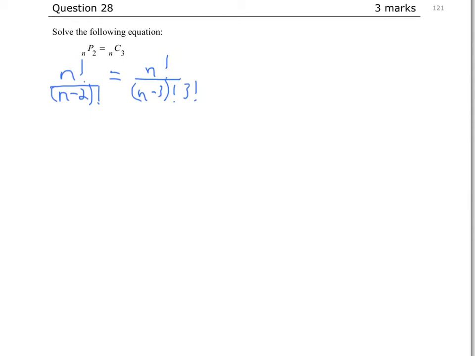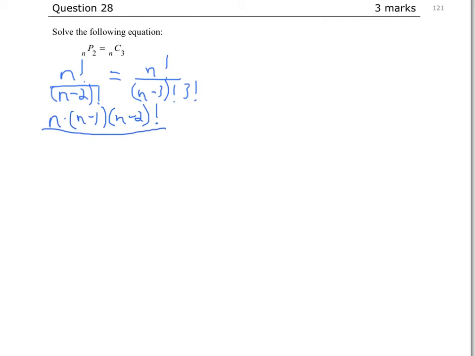If we are expanding n factorial, our first number is n, and then we want 1 before n. There's an expression for that, n minus 1. 1 before n minus 1 is n minus 2. Now I could continue to expand this, but I have an (n minus 2) factorial on the bottom. So if I want to stop an expansion, you can put a factorial sign there.